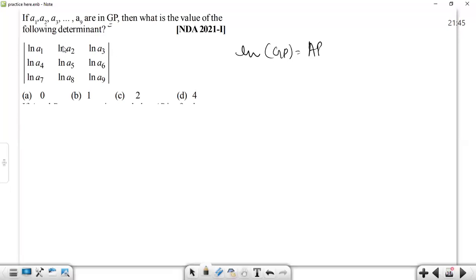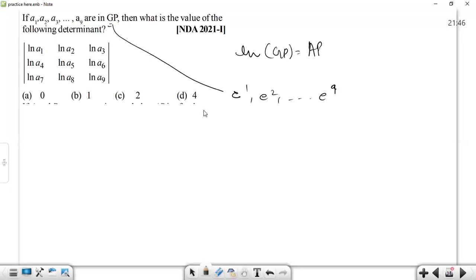Okay, so let's consider the 9 GP terms, like 2 raised to power 1, 2 raised to power 2, 2 raised to power 3, up to 2 raised to power 9. If I take logarithm to the base 2, or should I consider differently that the GP has e as its common ratio?